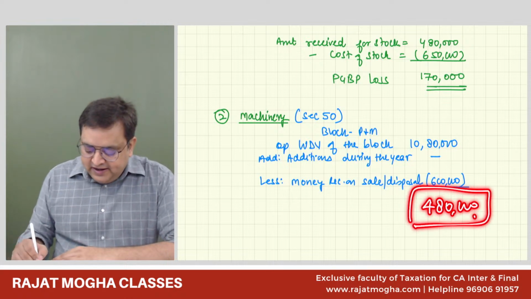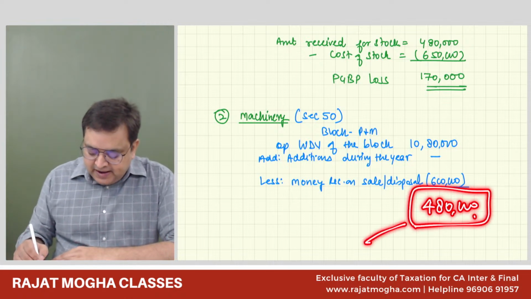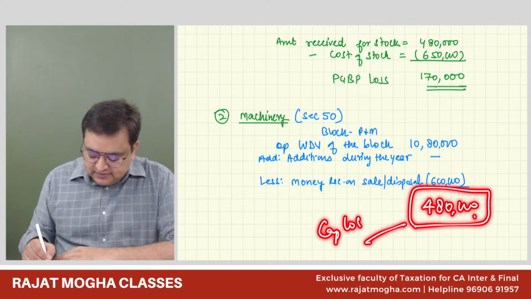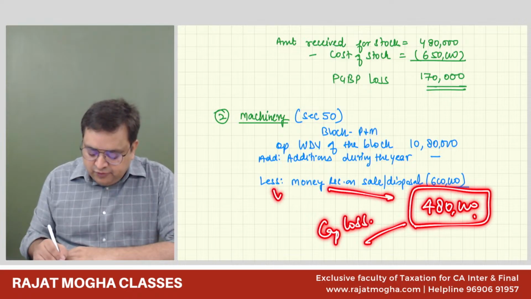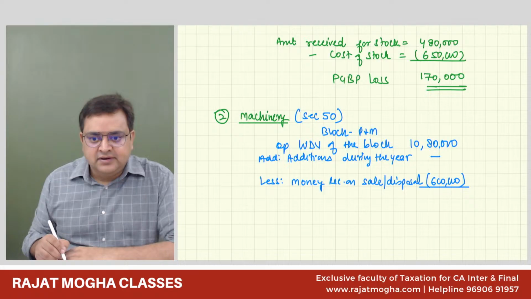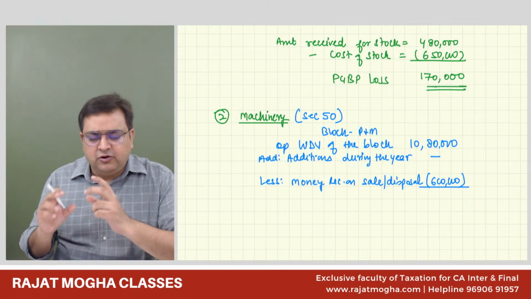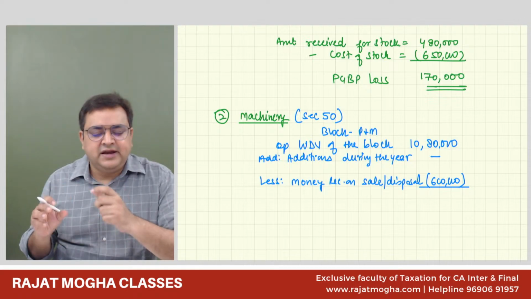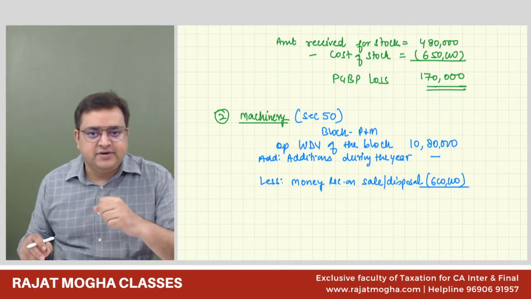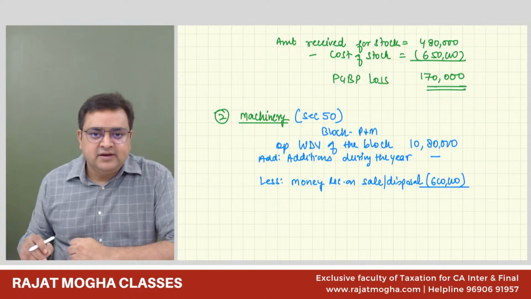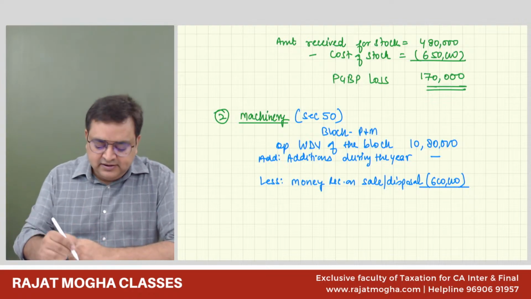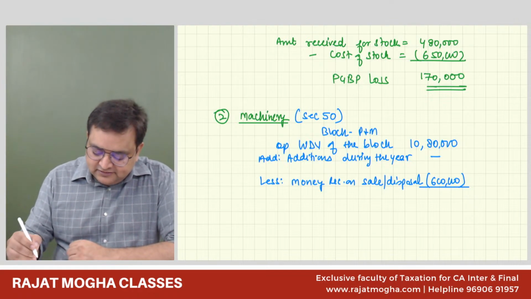Now, would this 4,80,000 be my capital loss, or would it be the WDV for the next year? Because they have not mentioned it, although they have given me a statement that some of the machinery is saved, which gives me an indication that only part of the block is transferred.